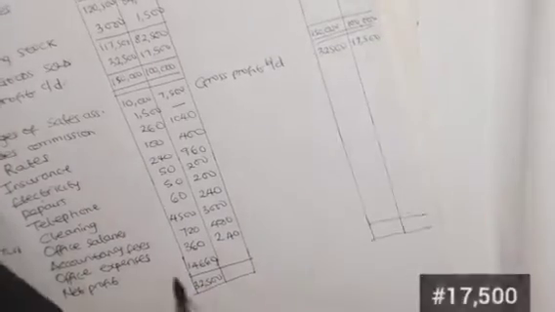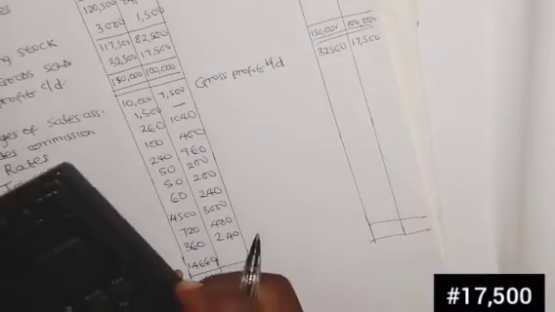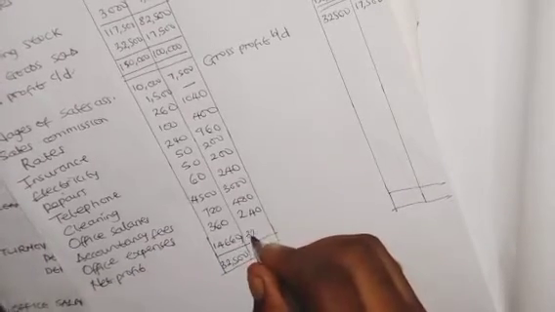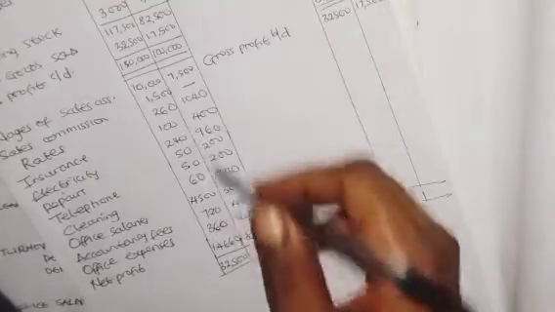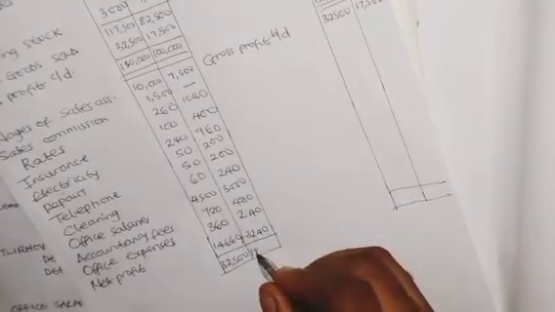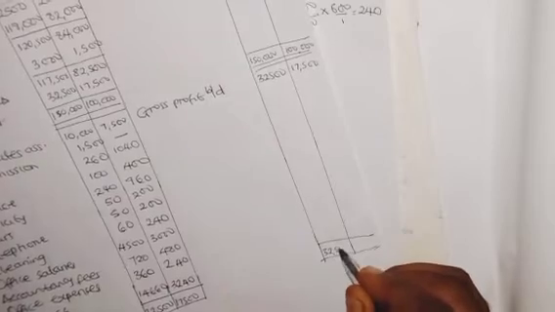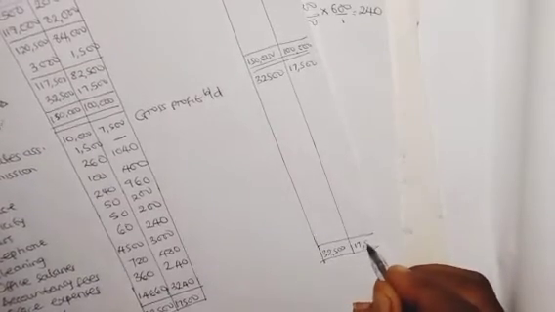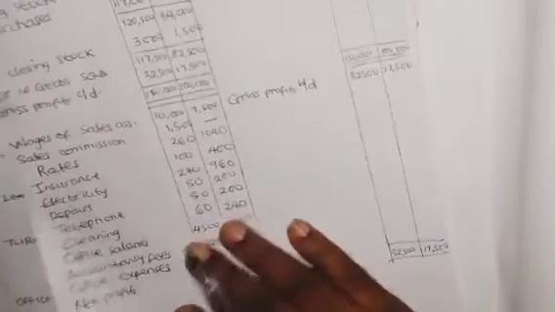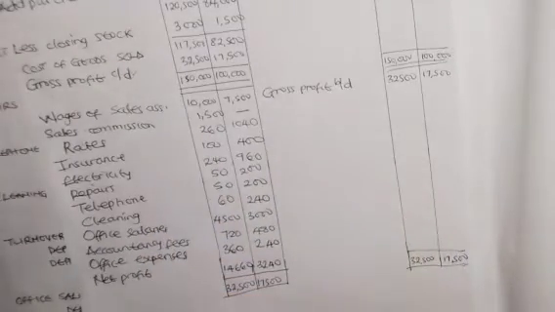So deduct it from 75. It will give us 3,240. So when we add together, this will give us 17,500, and this will give us 32,500 and 17,500. Okay, so that's how to prepare our departmental trading profit or loss account.